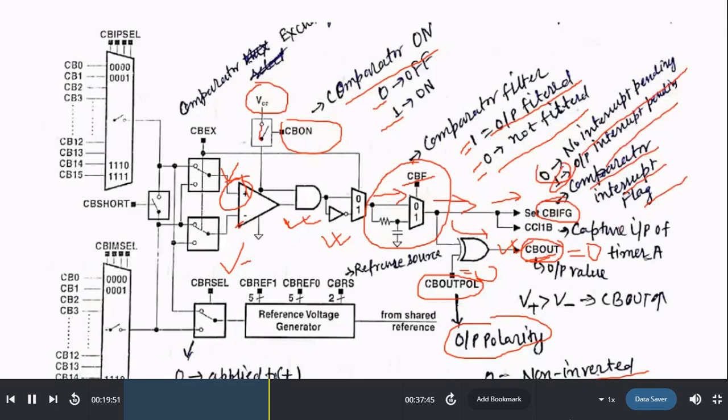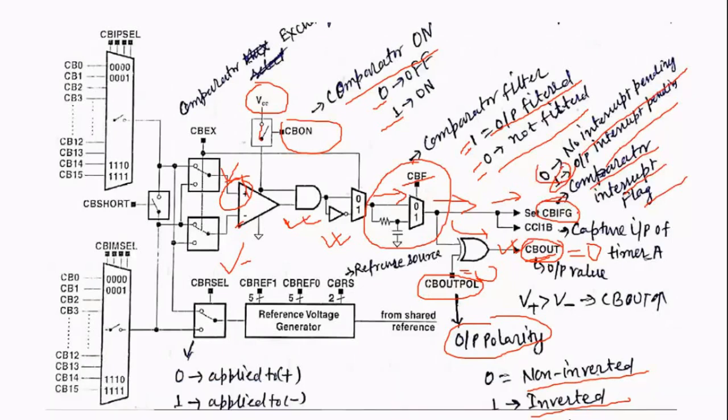The CBIFG bit is set on either the rising edge or falling edge of the comparator output, selected by the CBIES bit. In this way, this is used for the processor, and this is used for CCI1B, the capture input of Timer A. This output will be connected directly to the Timer A capture input.